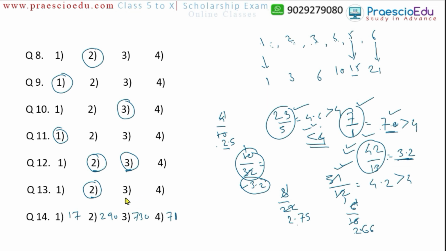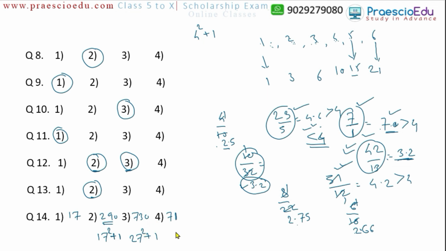If you see the logic behind this one, 17 means 4 square, which is 16, plus 1. Now for 290, it is 17 square plus 1, so the number is some square number and then an addition of 1. For 730, it is 27 square plus 1.